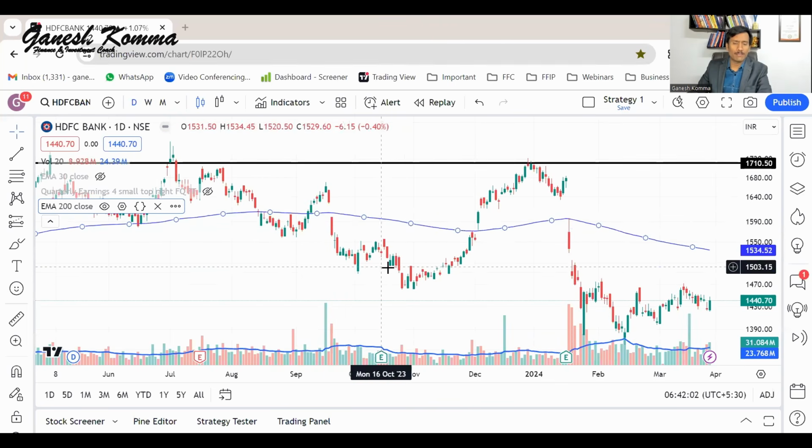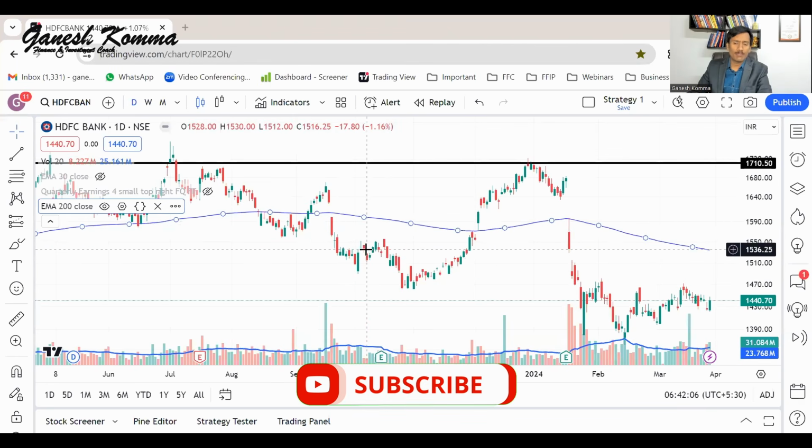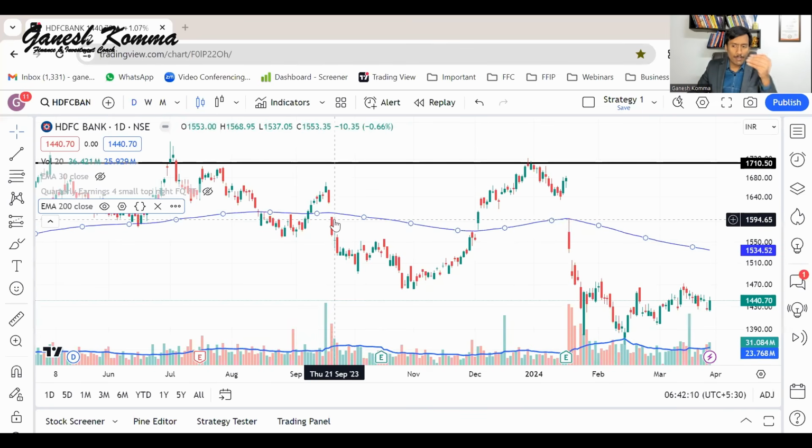And even during September, if someone asks whether you can enter into HDFC Bank during this period, a stock which is trading below its EMA 200, chances are, if there is further weakness in the company, it can go even below that.